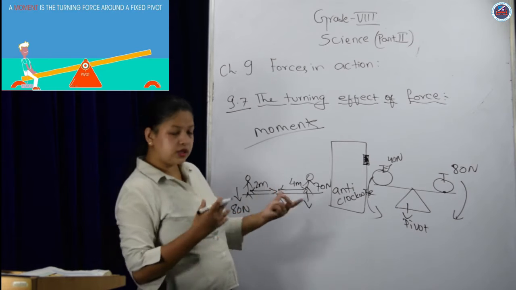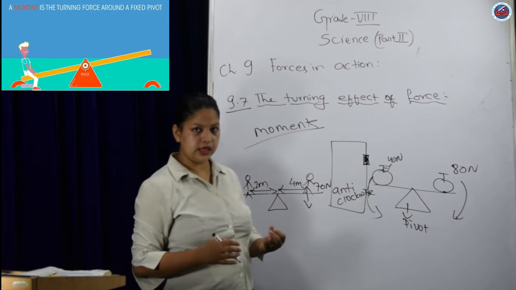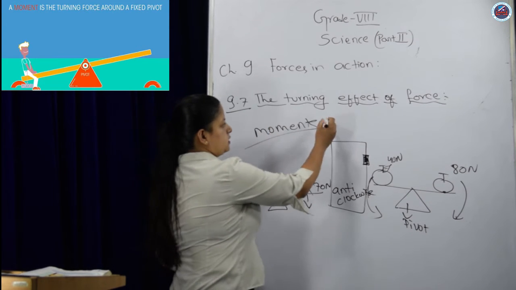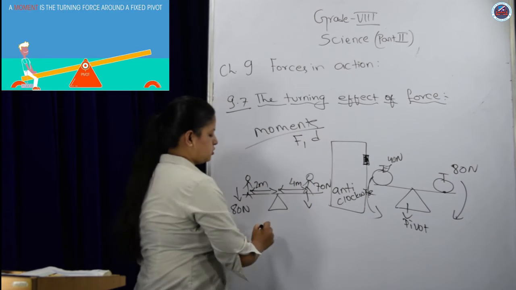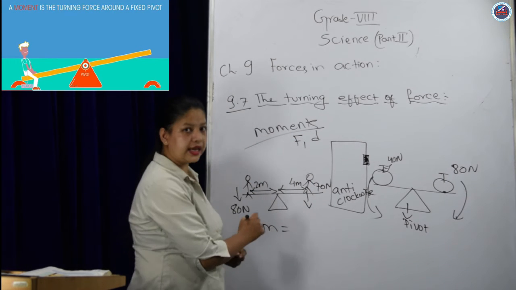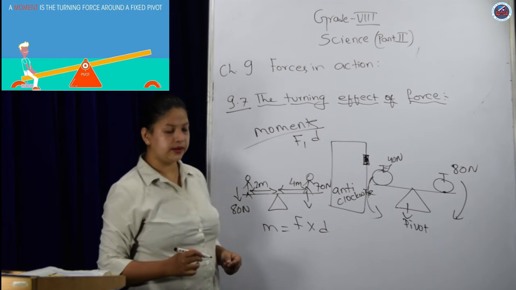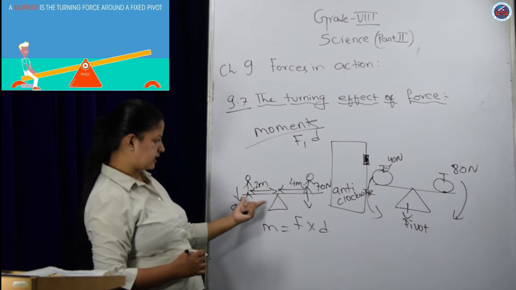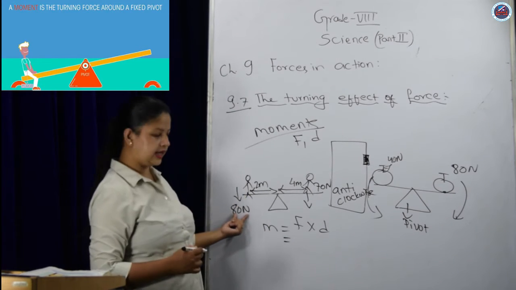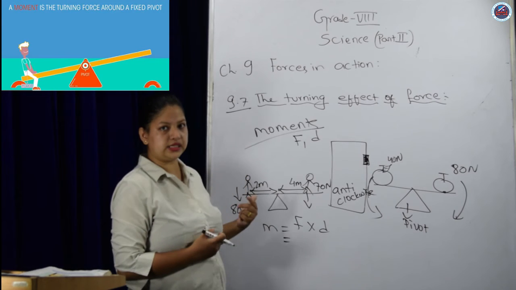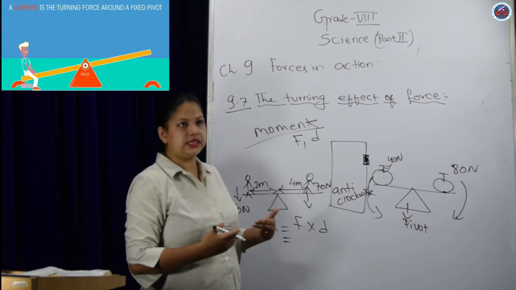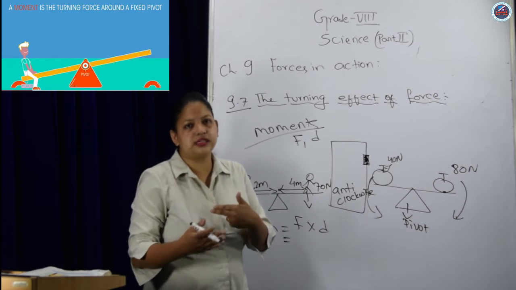Now how does the moment differ? Let us see. So you know that moment depends upon force and the distance also. So we have the formula, moment M is equal to force into distance. Let us calculate for this case. Here force is 80 Newton. This person's weight is 80 Newton, and weight and force are basically the same thing.